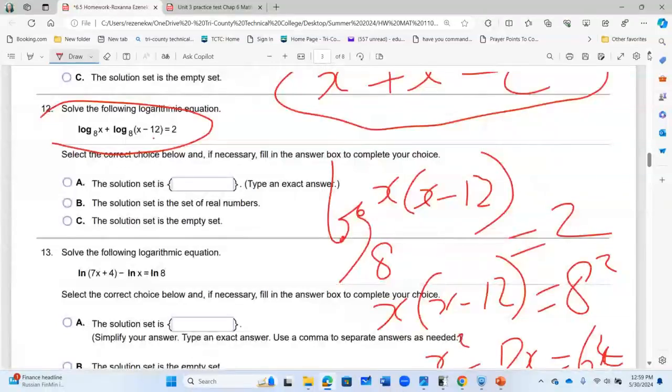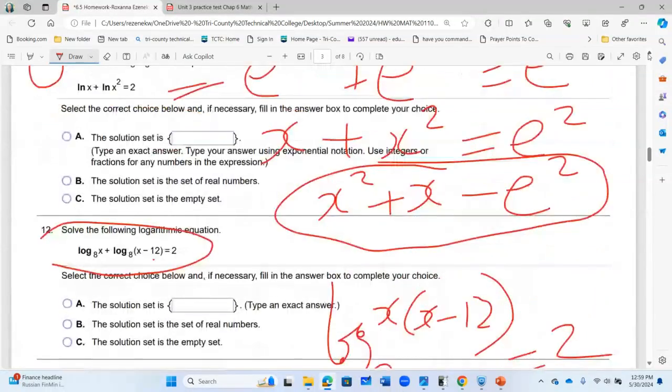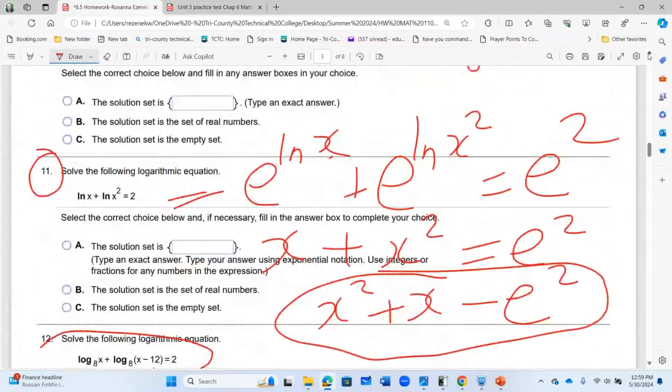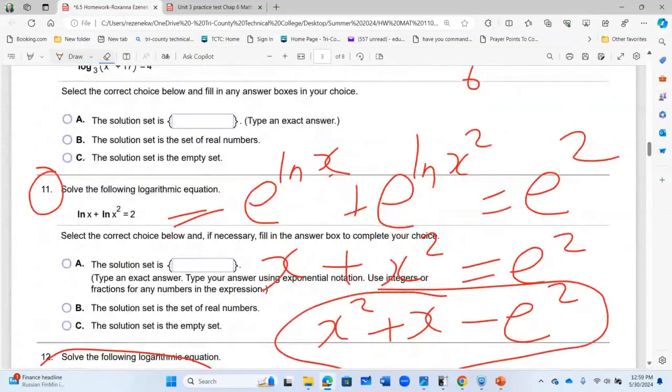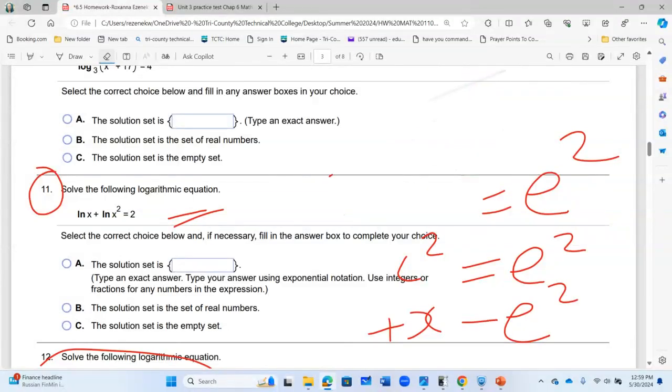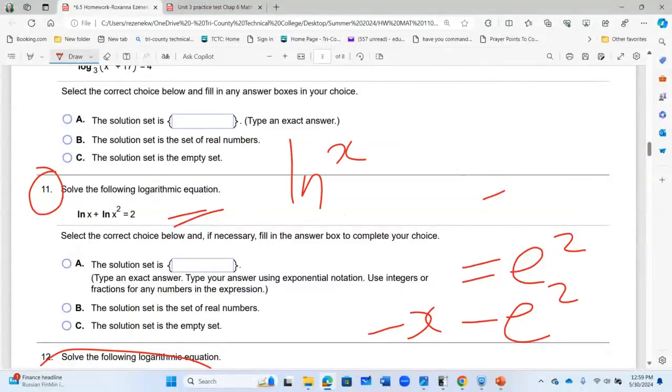And by the way, let's go back to the previous question. I just want to make sure that there are two ways of solving this problem. So let's also solve it and make sure we do both ways. According to laws of logarithm, I can say natural log of x, addition is multiplication, multiplied by x squared.